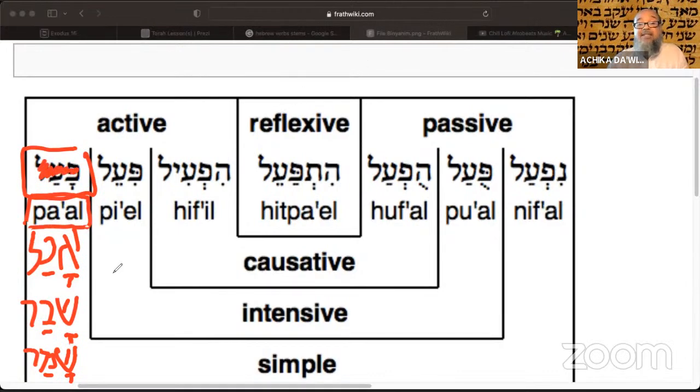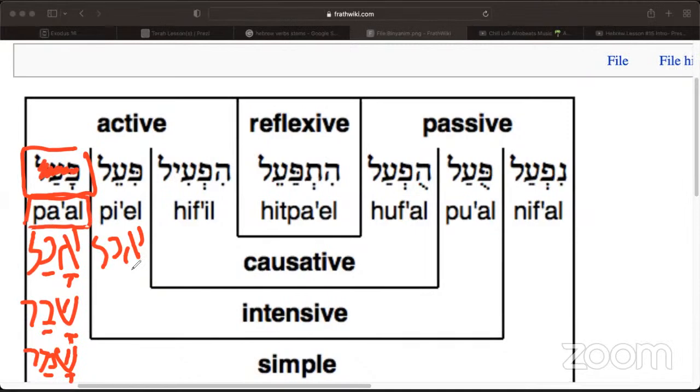Let me give you the next example. And that's a simple way of doing it. If I wanted to do this with the same root, and I want to make it a pi'el, what do I need to put under the aleph to make it a pi'el type of verb? What vowel do I need to put underneath here? 1 dot, 2 dots. 1 dot.